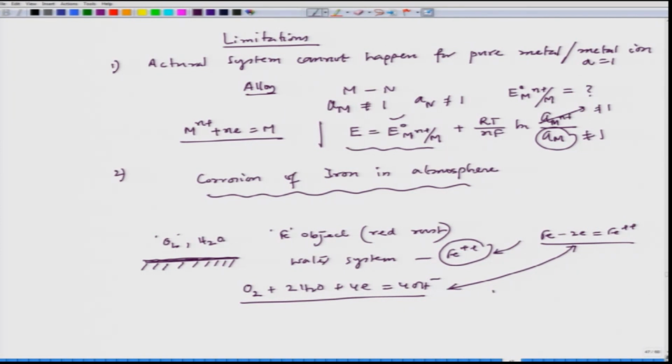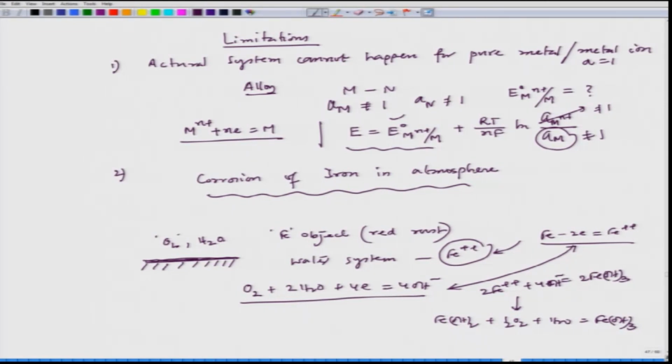And then we have a combination to form Fe(OH)2, and later it again gets oxidized. So, Fe(OH)2 plus half O2 plus H2O equals Fe(OH)3.